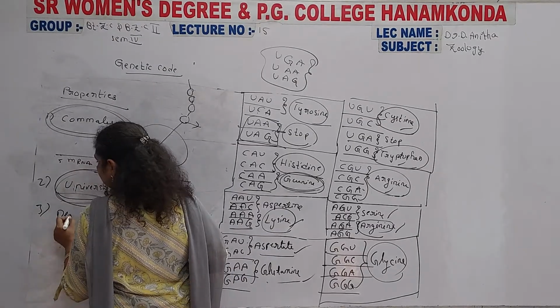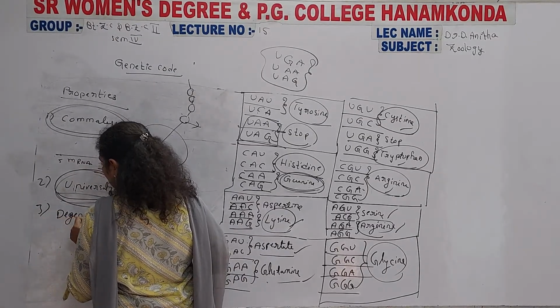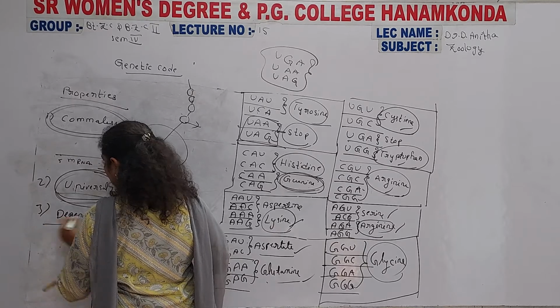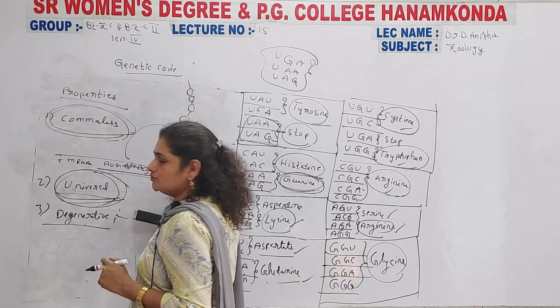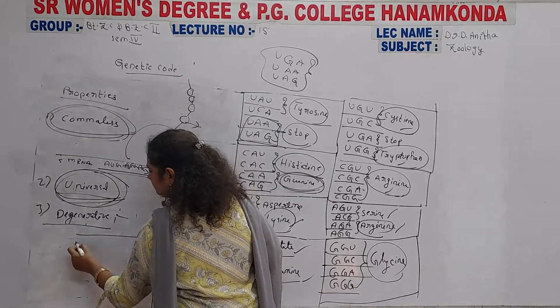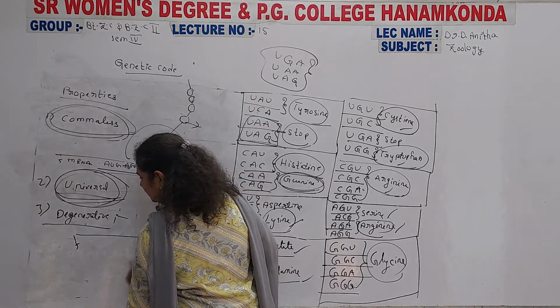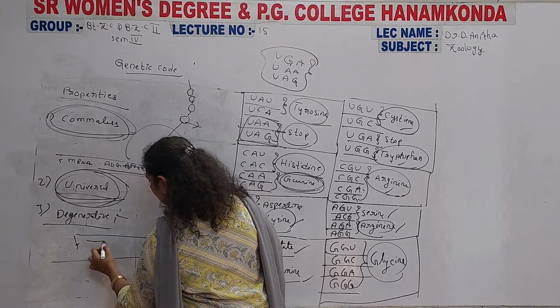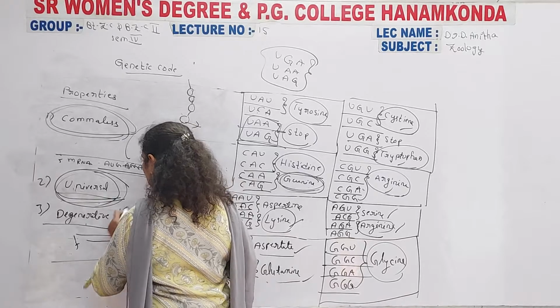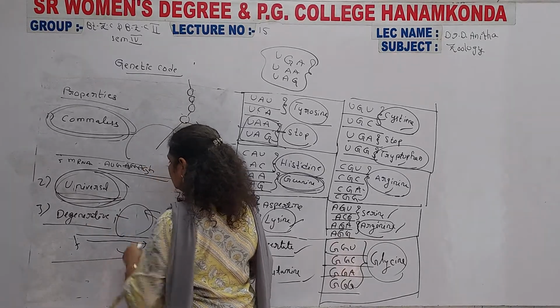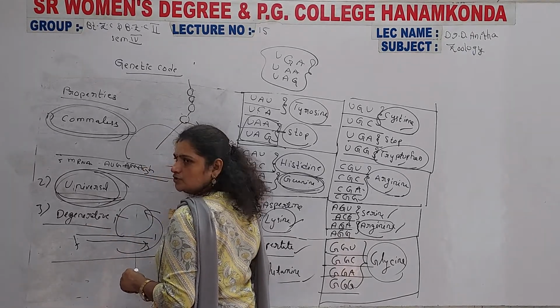And degenerative. At the end, each and every amino acid is coded in the 5' to 3' direction. In this direction it continues as the tRNA reaches the surface during translation, up to the end at the stop codons.